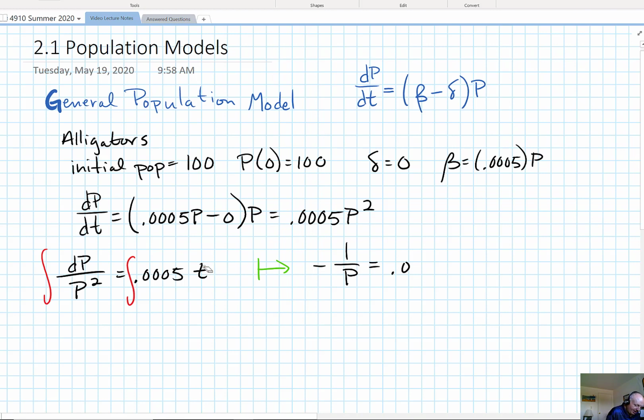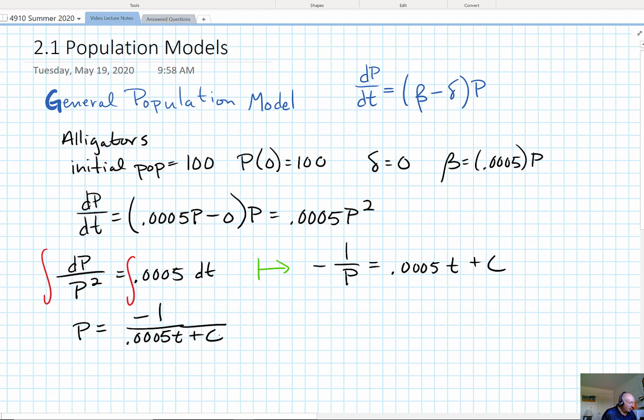That's not 0.005, it's 0.0005 back here, and then we're integrating that one with respect to t. So that leaves us 0.0005 t plus c, or P is equal to -1 over (0.0005 t plus c).